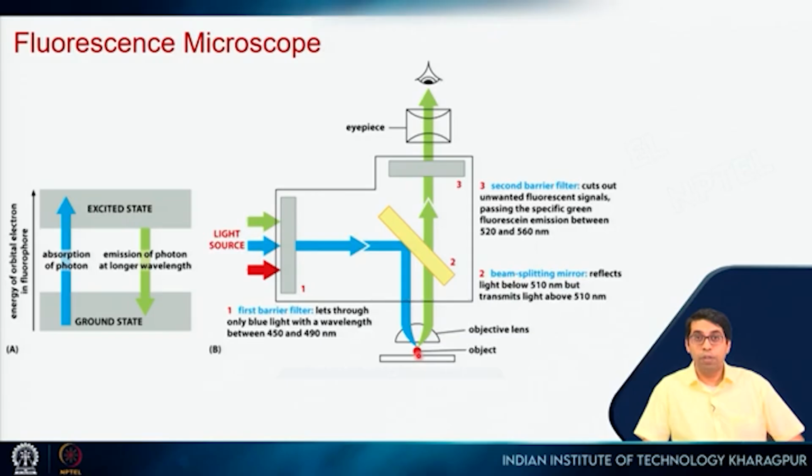The fluorescence molecules which get excited at this particular wavelength will then emit photons at a different wavelength. In this case they emit in the green wavelength, which is longer than 510 nanometers. So, this becomes transparent. It will pass through and then you see it, either by eye or you can again use a camera to capture the image.